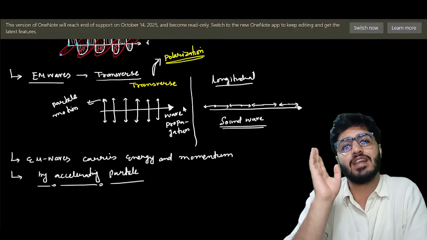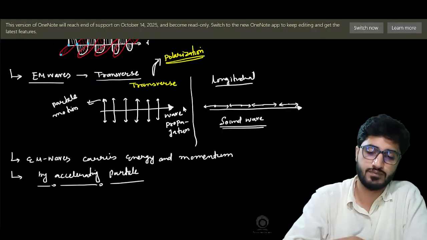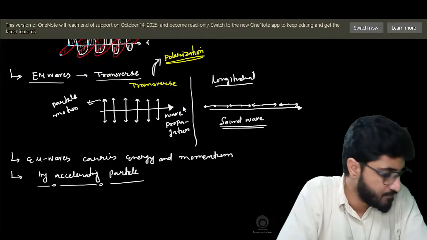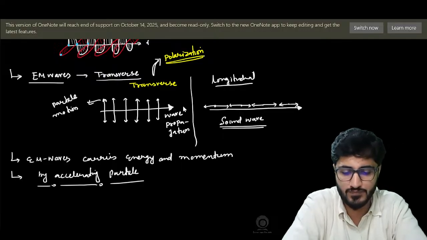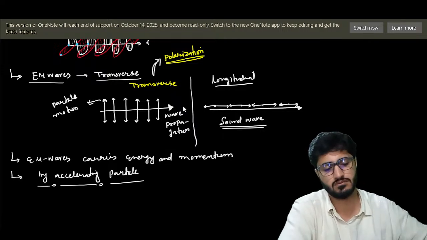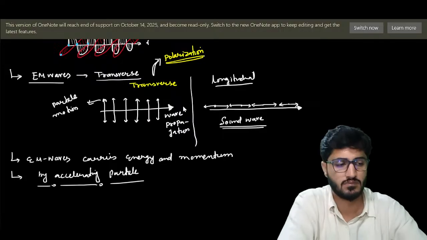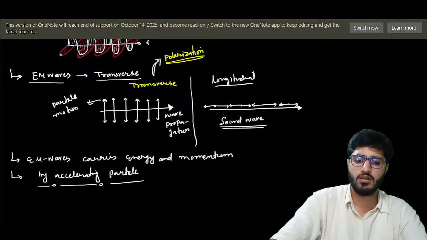So if the particle is in accelerated motion, there will be electromagnetic wave production. Easy?